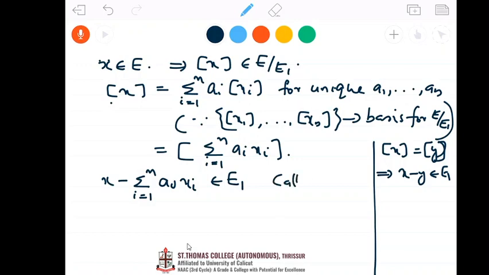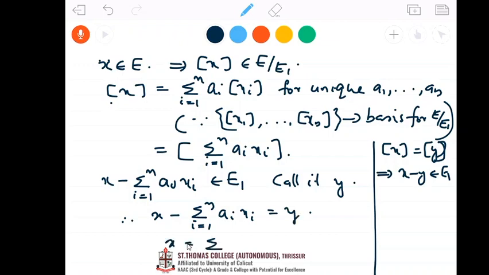I will call this y. Therefore, x minus summation i equal to 1 to n ai xi is equal to y, or x is equal to summation i equal to 1 to n ai xi plus y. So, we can express x as a linear combination of x1, x2, etc., xn and an element of E1.